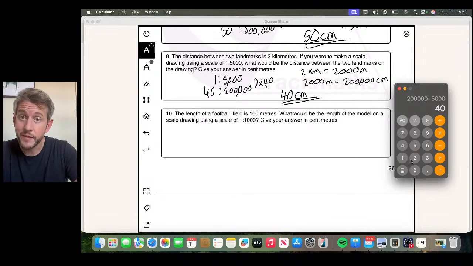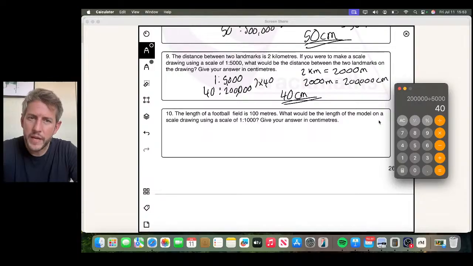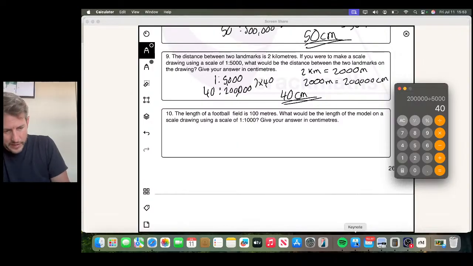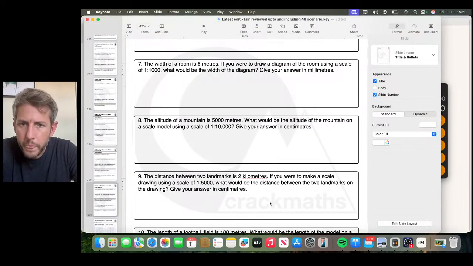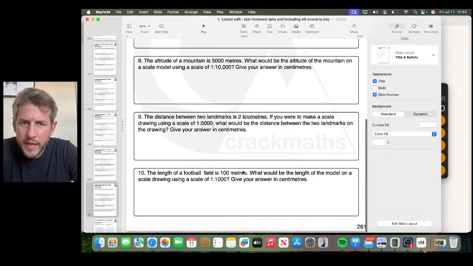Question 10. The length of a football field is 100 meters.